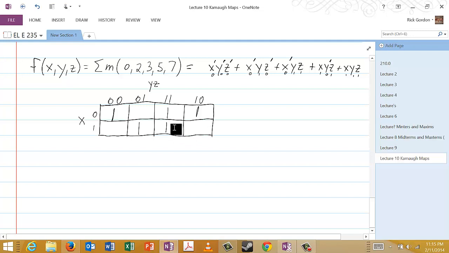If you learn to count in the Karnaugh map like that, it will help you to do these problems very quickly, particularly when you have the min-term expansion given for the function in decimal notation. It's just very, very quick. And so now let's look at a couple of problems on Karnaugh maps.